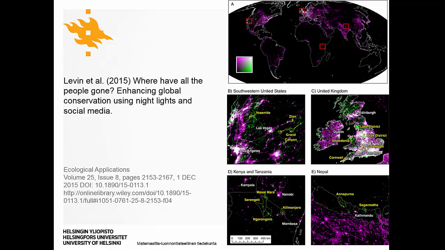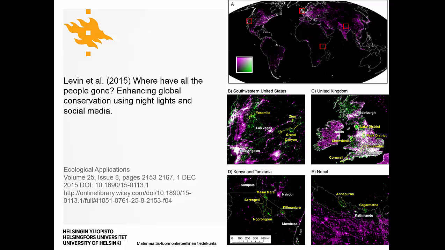White is a lot of both, and the pinkish is where there are people according to nightlights but not social media activity. With this analysis they wanted to show globally which are the popular destinations in terms of nature-based tourism, identifying places like Masai Mara and Serengeti, Ngorongoro, Grand Canyon, Yosemite.